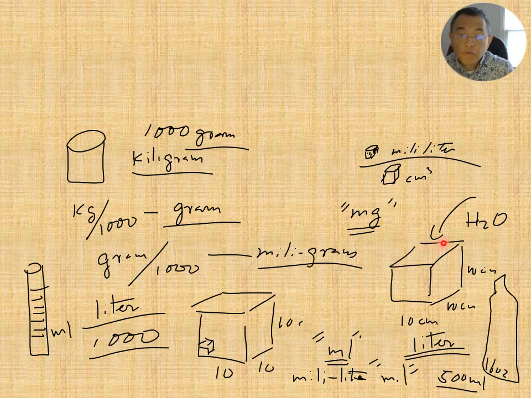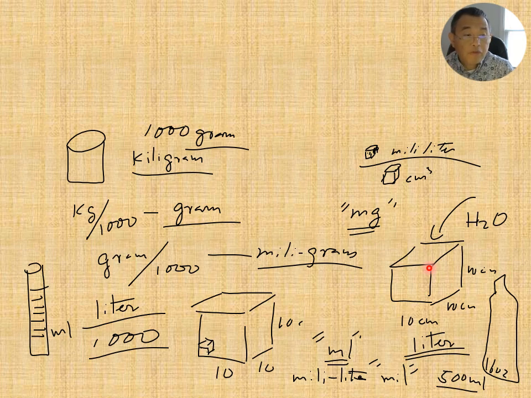If you imagine we make a box or bucket and fill it with water, that water has a mass of 1 kilogram. Therefore, 1 liter of water is 1 kilogram.